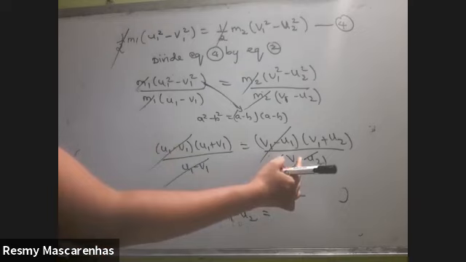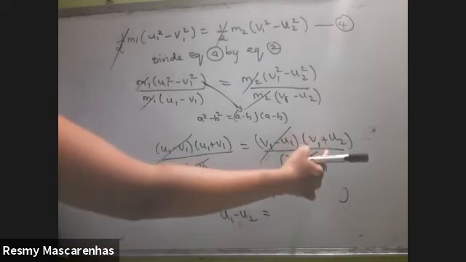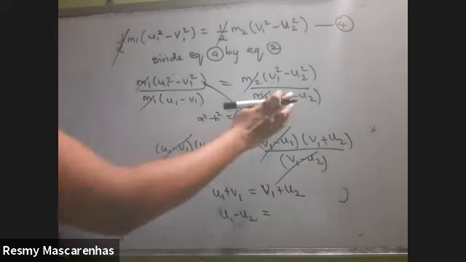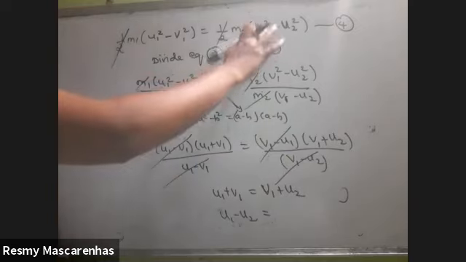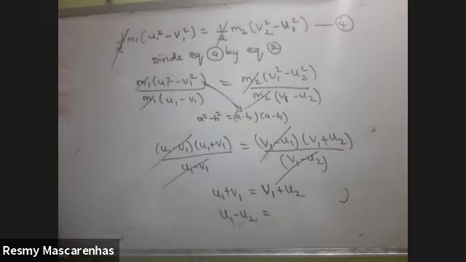One second now. How did it become V1? This I wrote reversed, no? This was 2. This was 1. Just correct this: this was 2, this was 1.